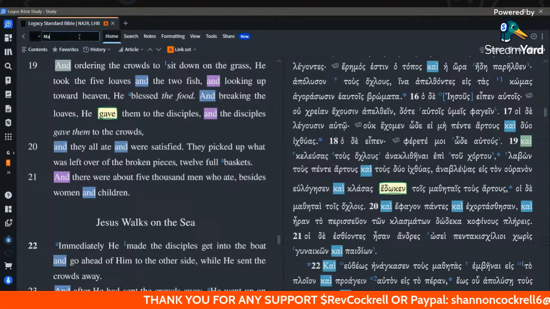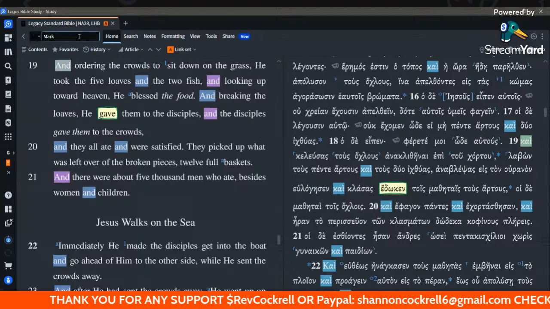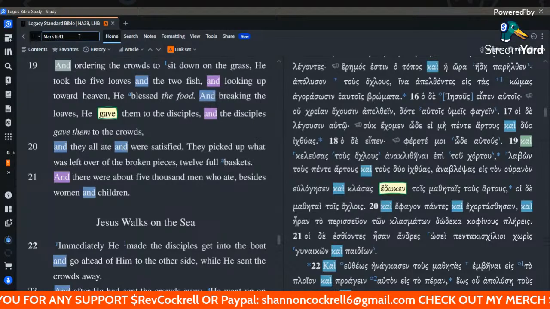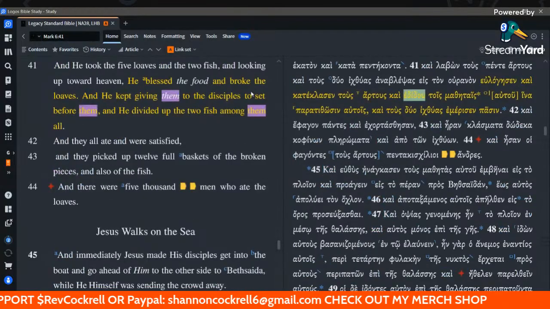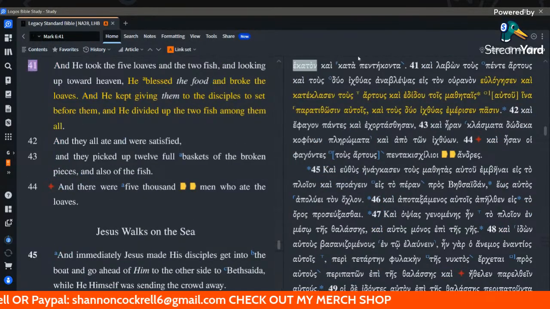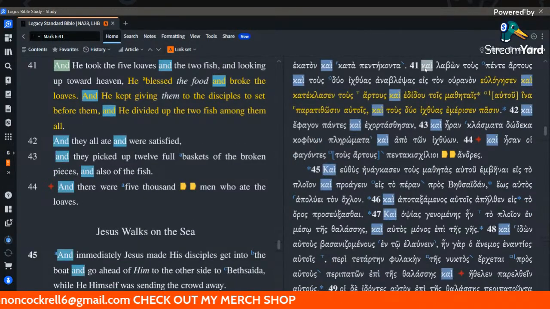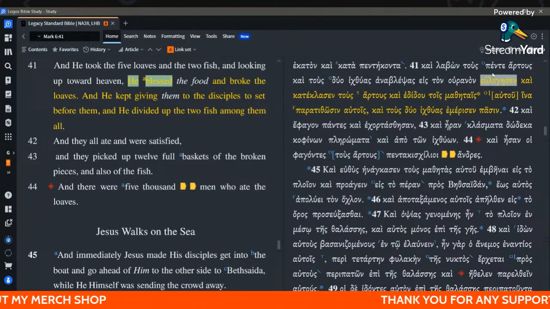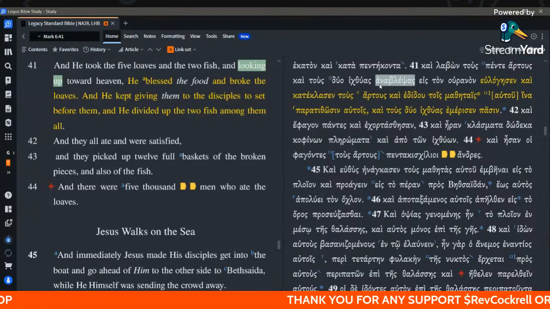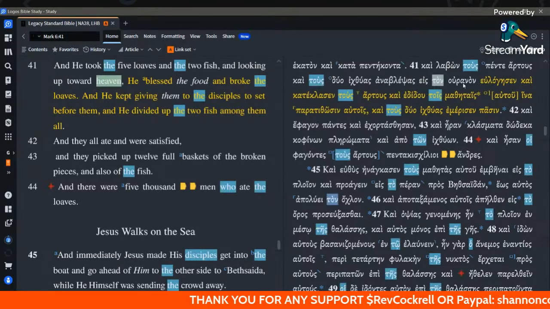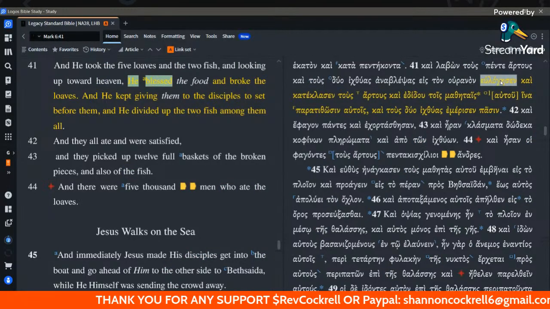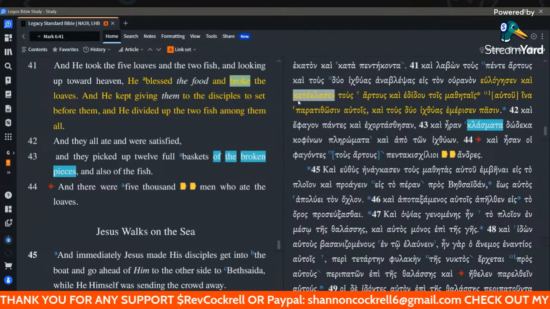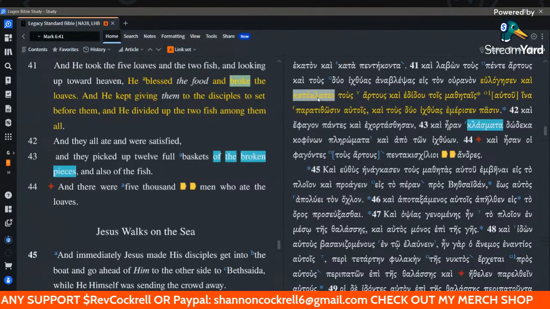Let's look at Mark. Mark chapter 6, verse 41. And he took the 5 loaves and the 2 fish, looking up toward heaven, and anablepsas, up toward the heavens. He blessed the food and broke the loaves.